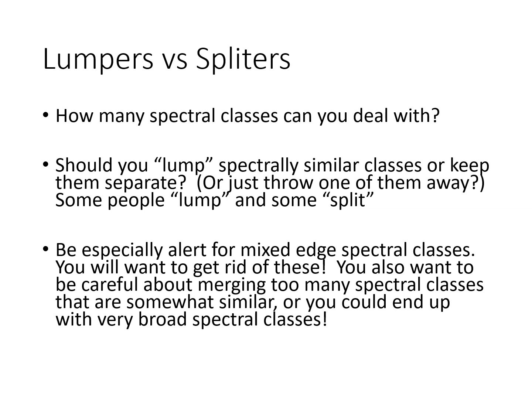What is important to be aware of is mixed edge spectral classes, and you'll want to get rid of these. Back to the example of a forest with a road adjacent to it, in something like Landsat where you have large pixels, you're going to have pixels that mix those two conditions, and that's a problem because those pixels don't look like anything in the actual scene.